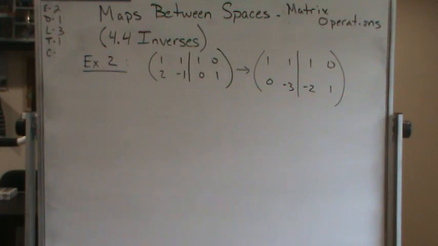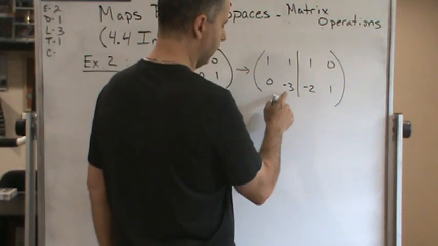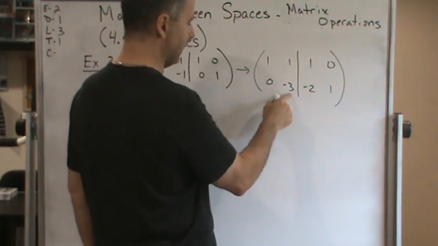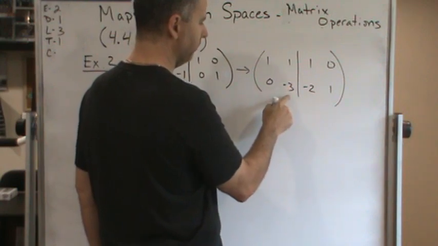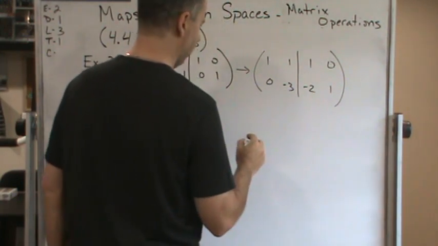And now what we're going to do is take -1/3. So now we want a 1 here, because we're going to want this to be the identity. So we're going to multiply this whole row by -1/3, okay?